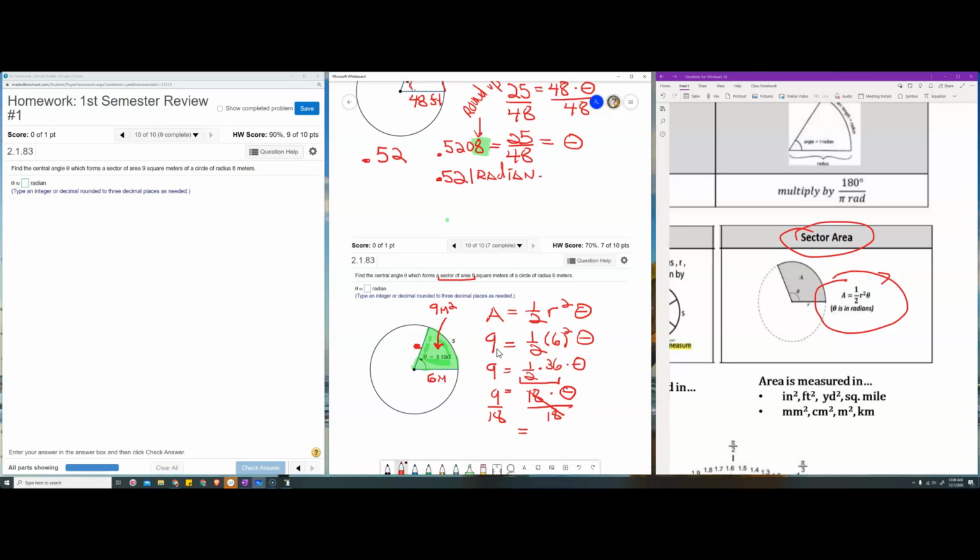And I get theta is 9 divided by 18, which is 0.5 rads. And that's my angle. Half a radian, but the instructions say to type in a decimal. So I'm typing in 0.5, and there's no need to round it because it's exact. And that is our first review.